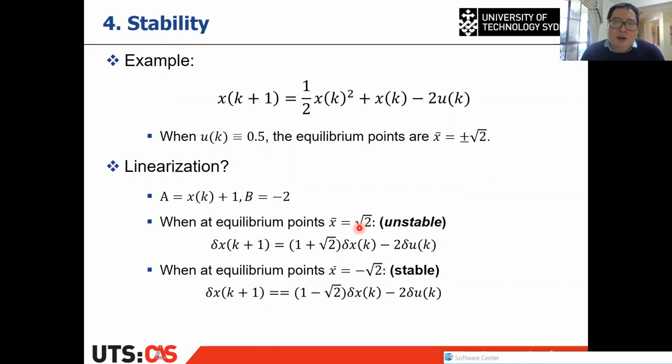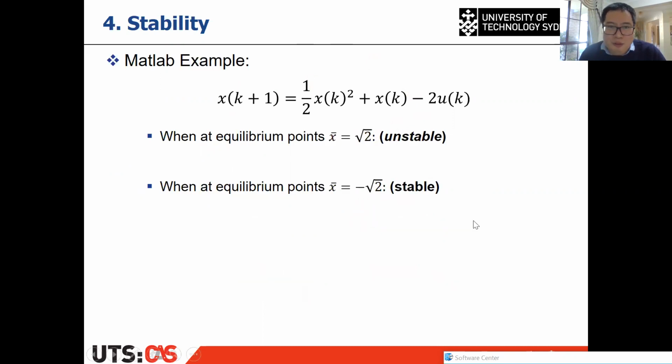So the stability is applied, and we can only analyze the stability at an equilibrium point. For different equilibrium points of the nonlinear system, the stability will be different.